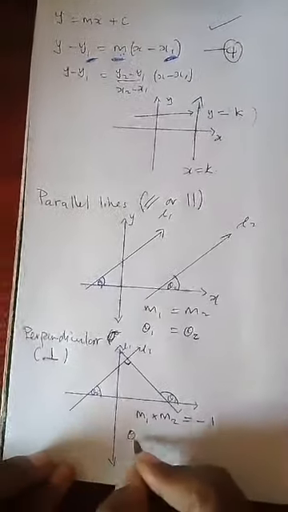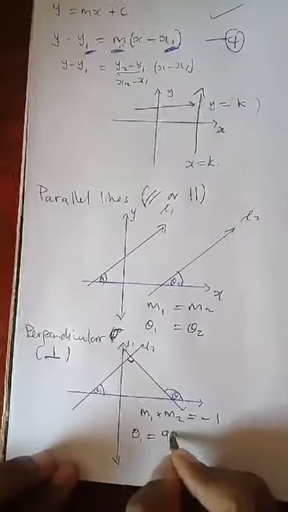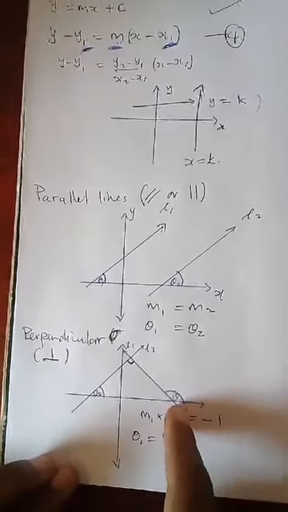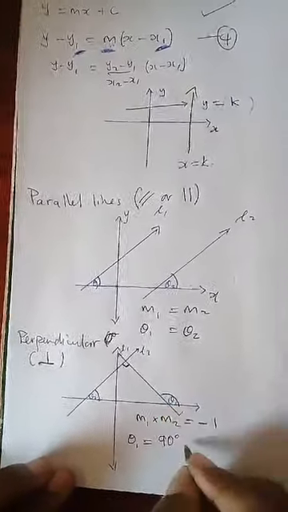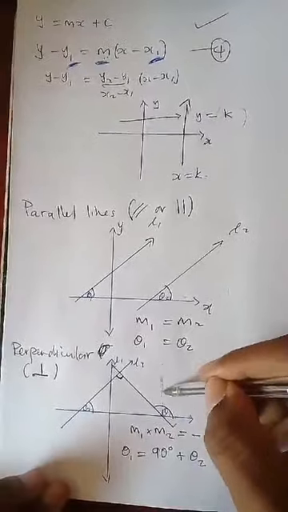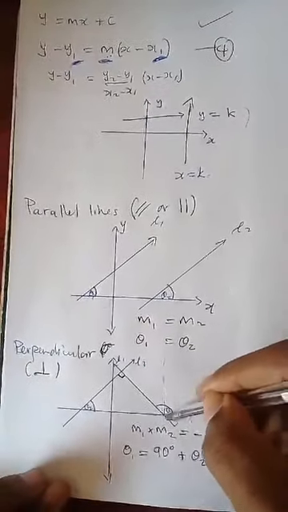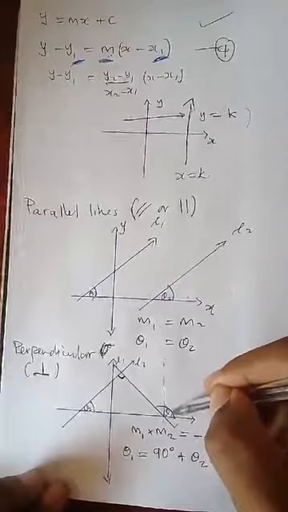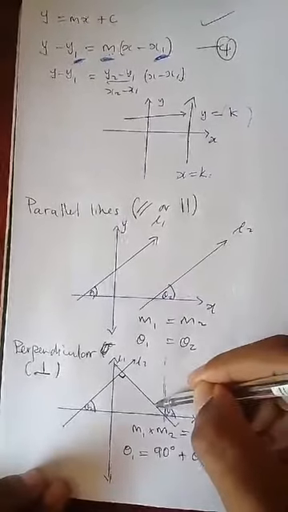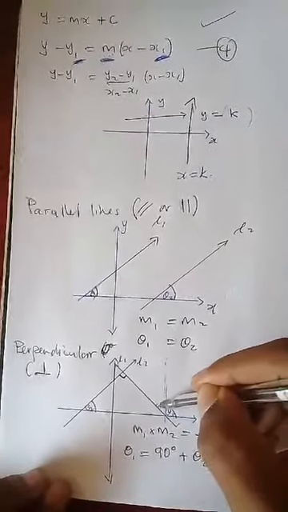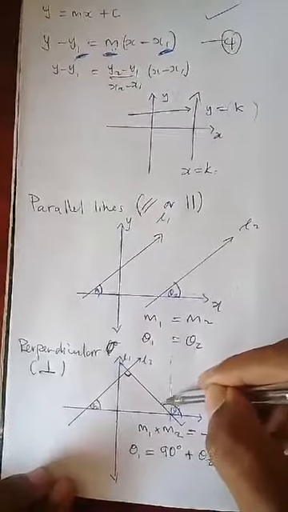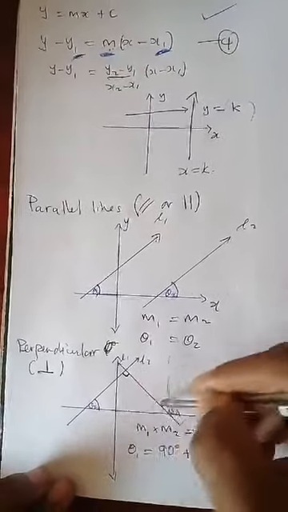And I will refer you to my trigonometry lessons. Theta 1 can be given as 90 degrees plus theta 2. So you can see, of course, you can construct some imaginary perpendicular height, which will make that 90. So beyond that, there is still some angle there, and that angle should be equal to theta 2.